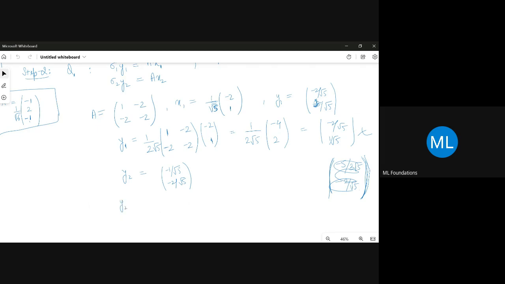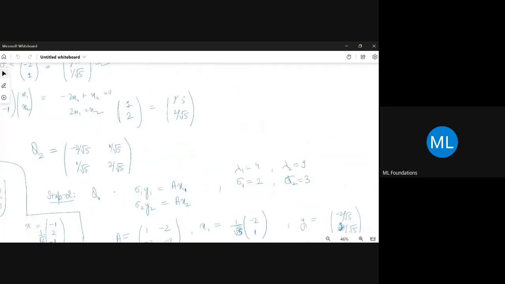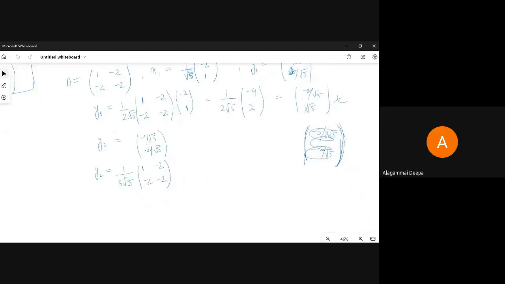So y2 should be 1 by 3 root 5 times 1, minus 2, minus 2, minus 2. It looks right to me. Okay, ma'am, I made a mistake. I got it now, I rectified it.